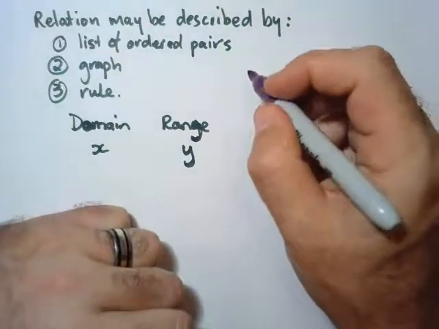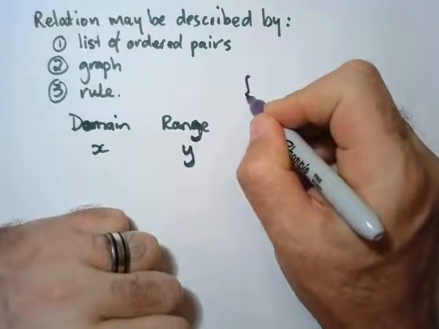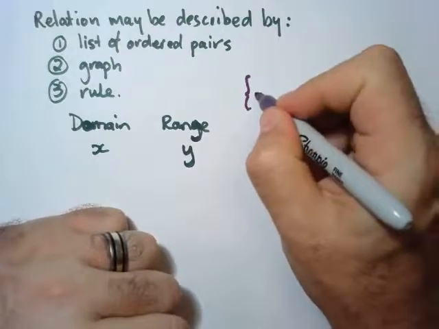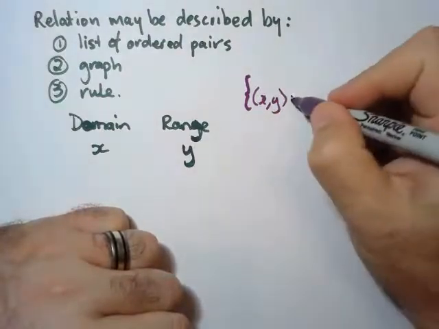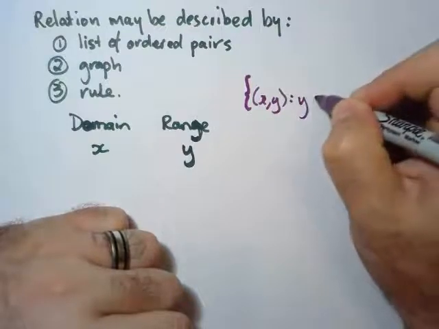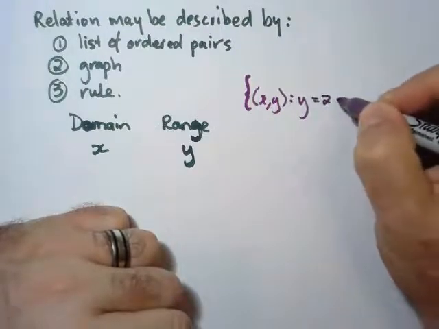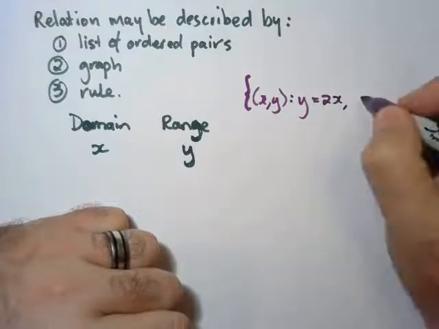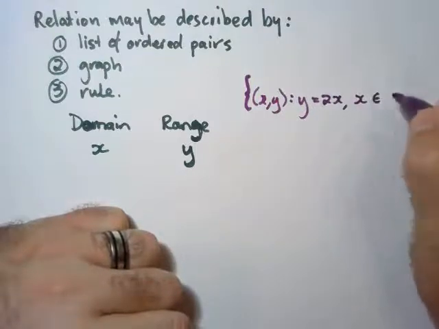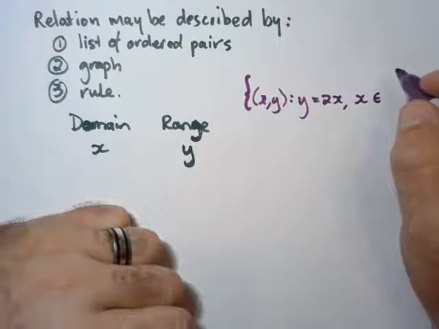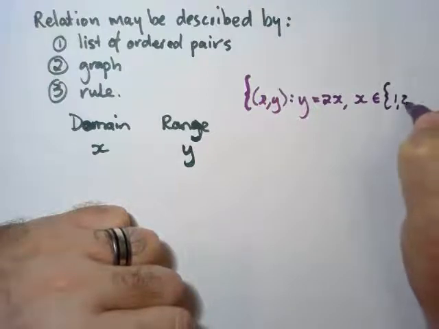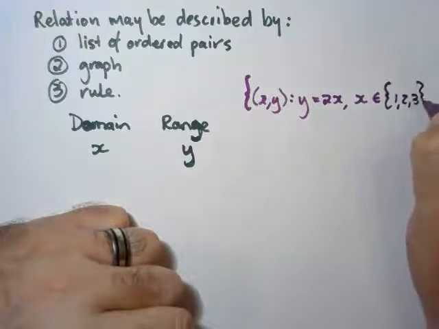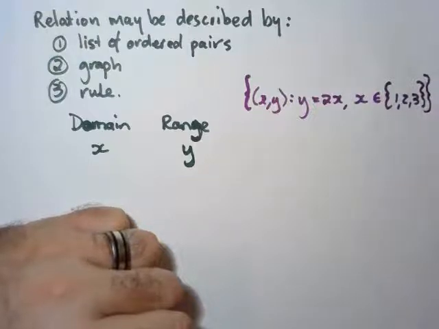They're going to say this set of mine, where x and y are variables, the rule is y equals 2x, where x is an element of, and they give me the values. x is an element of 1, 2, 3, and that's how the thing looks.